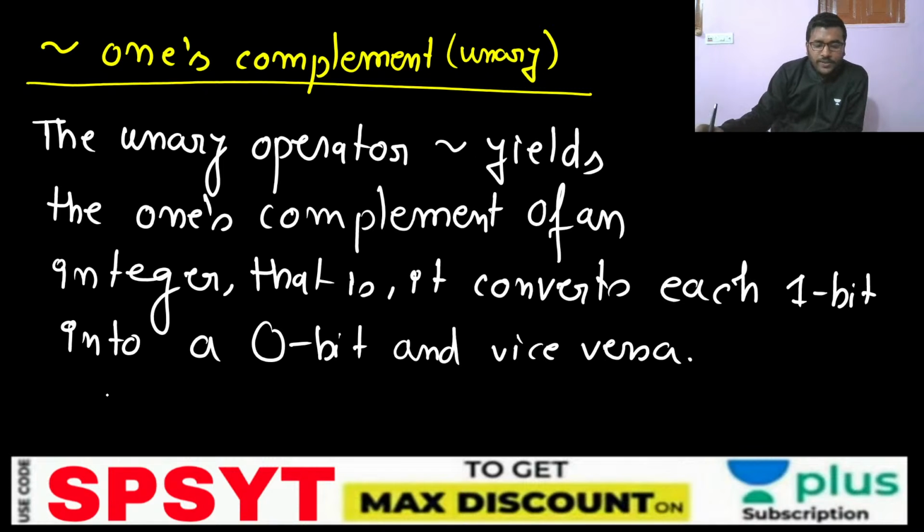Understood? So you know the ones complement. If I give x equal to x and negation 077.